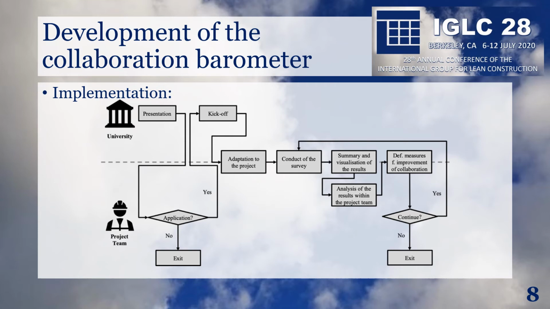After the subsequent execution of the survey, the collected data must be processed. This includes determining corresponding average values for all participants and calculating them to form an overall value.